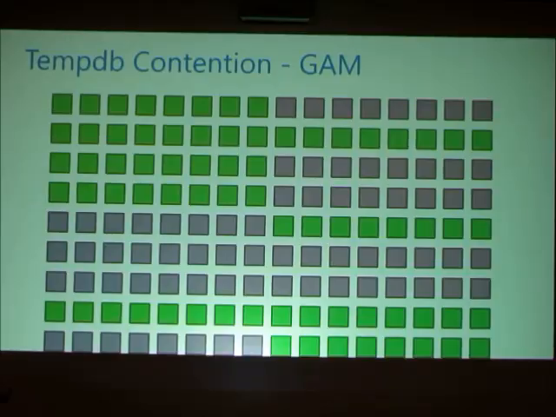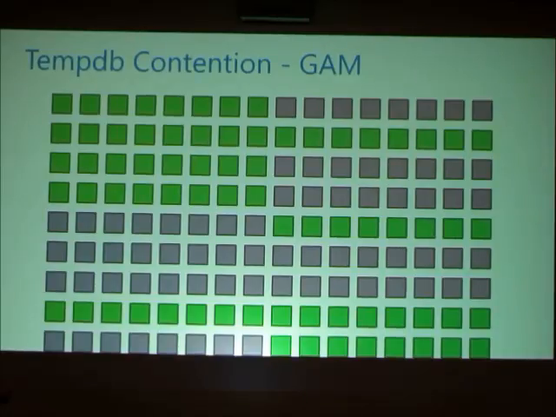Every 8 kilobyte section is called a page. 8 pages make up an extent. And when you create an object or anything else in Tempdb or in any database, SQL Server will allocate a whole extent for you. And so it needs to keep track of what's allocated and what's not allocated.